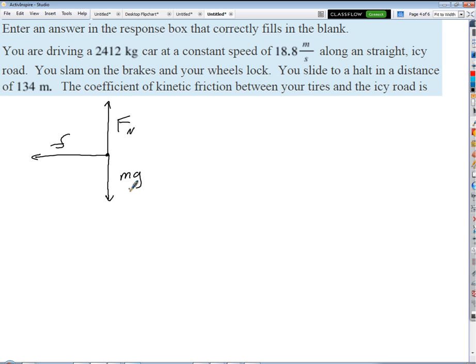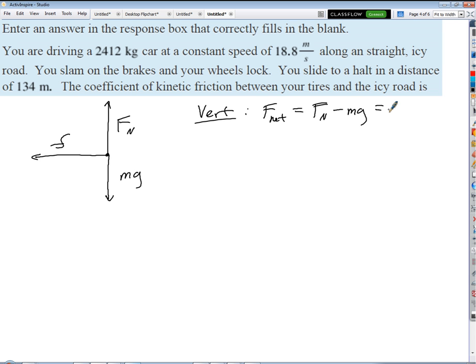If we wanted to write down, we'll be doing a lot more of this next chapter, what we might call the equation of motion vertically, we would just get, well, the net force, there's a positive force upward, the normal force, and a negative mg because it's pointing down, and that's equal to what?